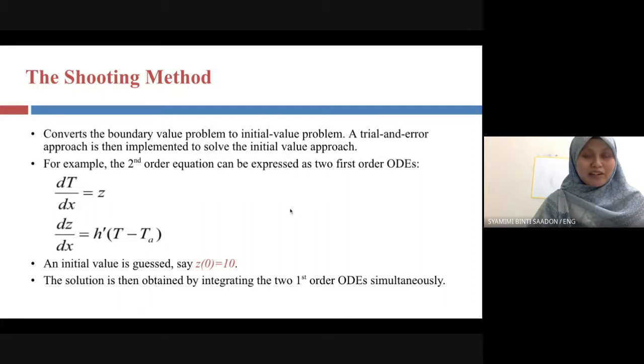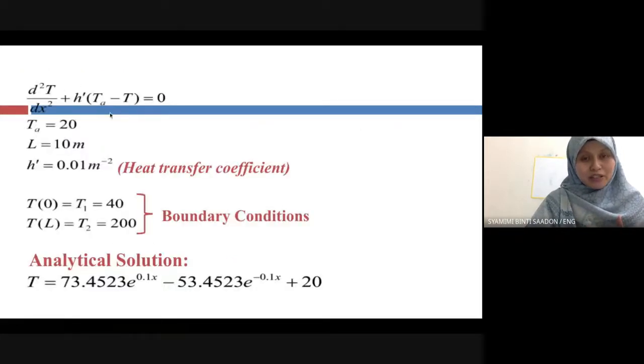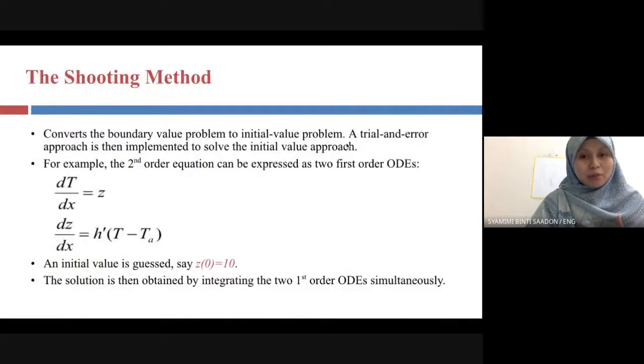How are you going to apply this shooting method? Like I said in the beginning, we have to first convert the boundary value problem, meaning we convert this second order equation into an initial value problem, into first order equations.